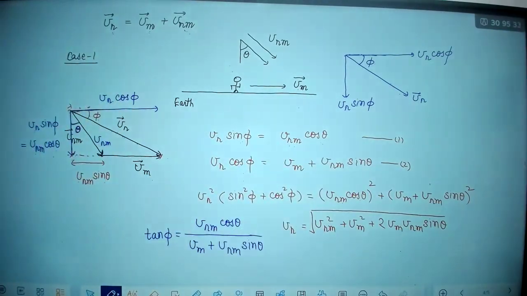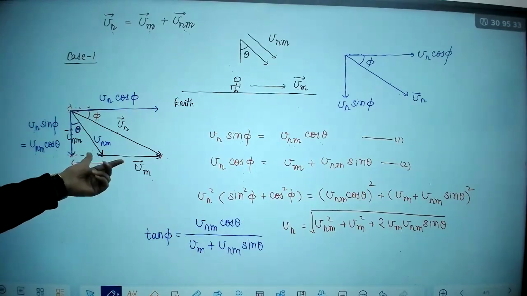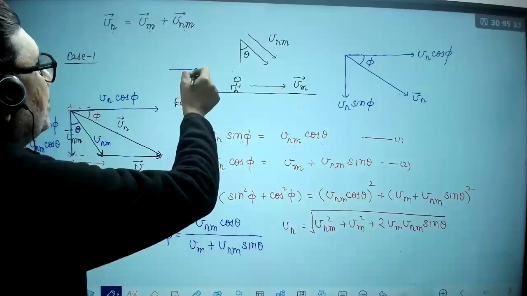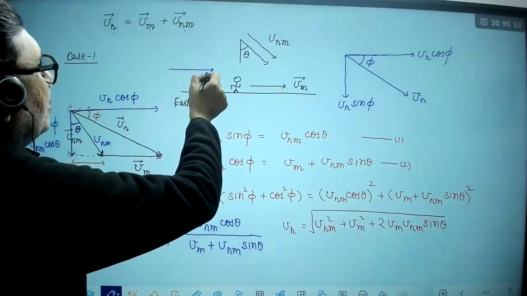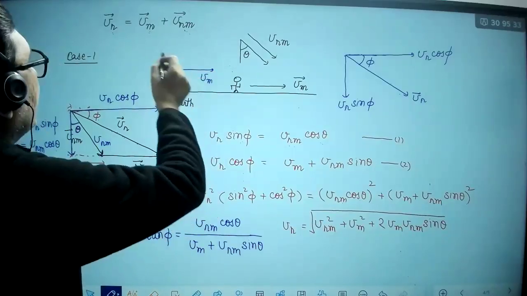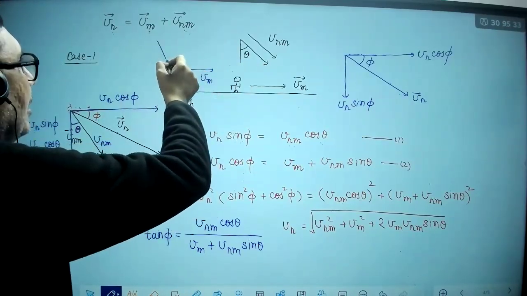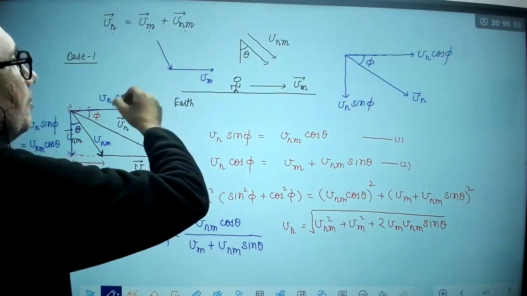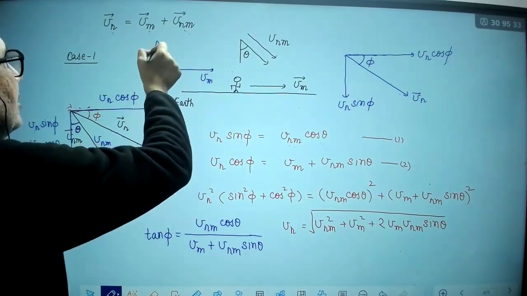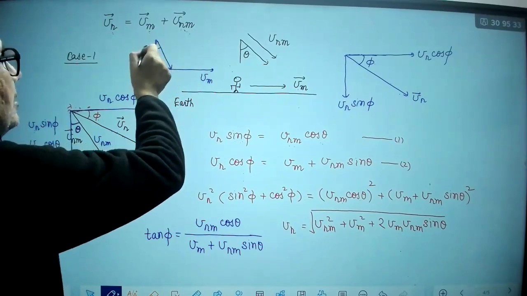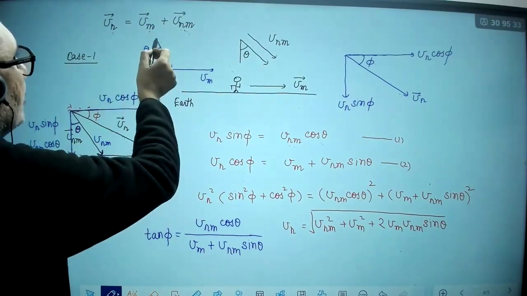So in this way, first you are going to create this triangle. Here the triangle is very simple. VM is here. Second, you are going to add VRM to this. This is VRM, and this angle is theta. So what will be the direction of VR?